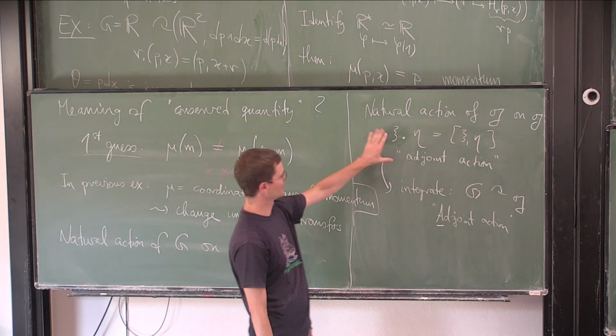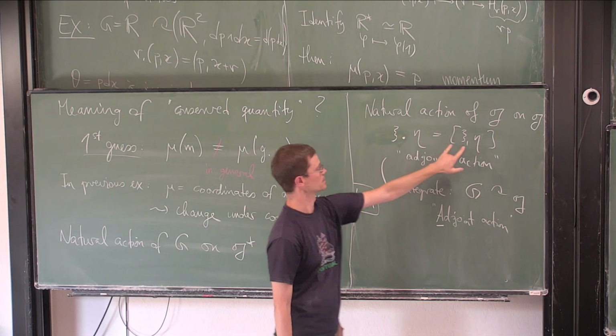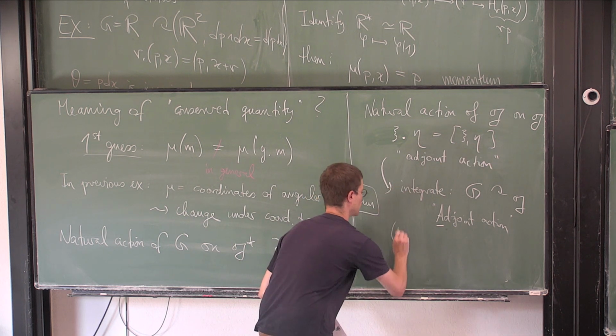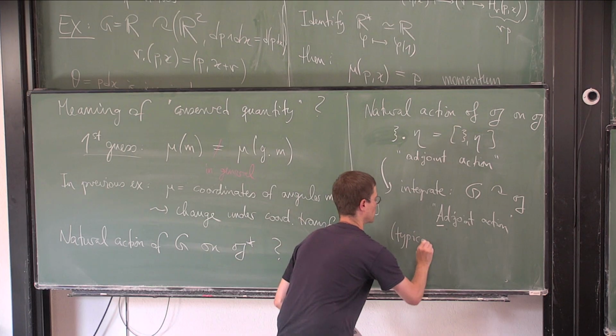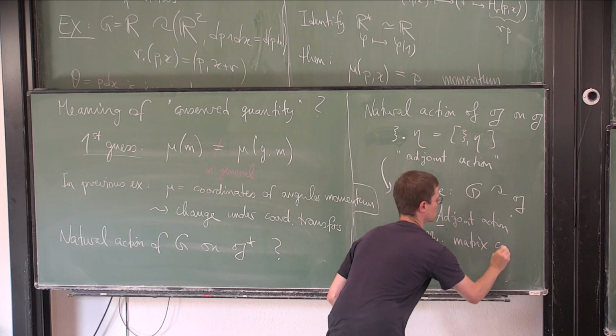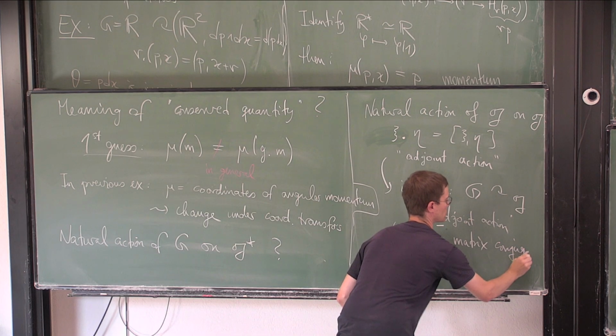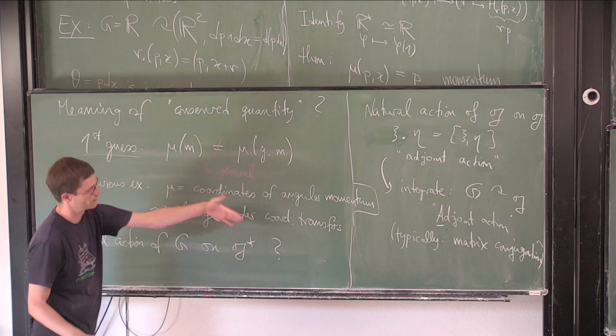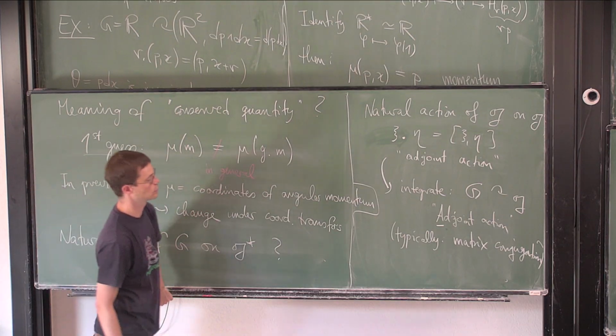What happens for matrices? The bracket is the commutator of two matrices, and the group action is typically matrix conjugation. Then you have to pass from the Lie algebra to the dual.